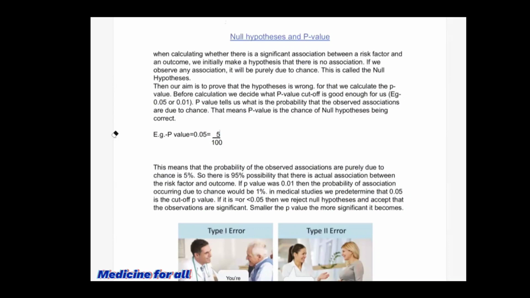If there's a statement saying there is an actual association between A and B, then that statement would be correct, right? So I think this is in simple terms what this p-value thing means. So do some questions and it will help with that.